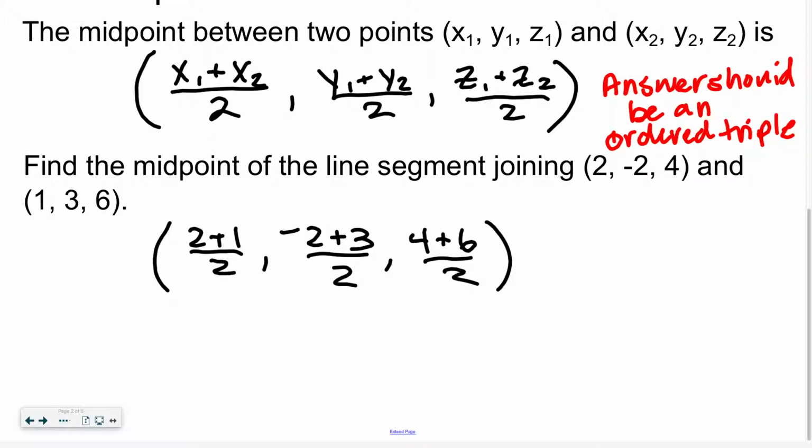For the sake of my notes, I'm going to show my work. I would also recommend you show your work on your test just so I know where your numbers came from. And then simplify. I should get 3 halves, 1 half, and 5. If you wrote 1.5, 0.5, that's the same thing. Okay. Any questions, concerns about finding midpoints?